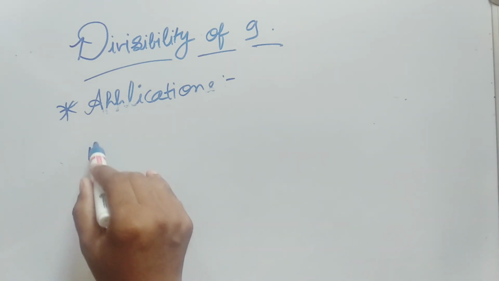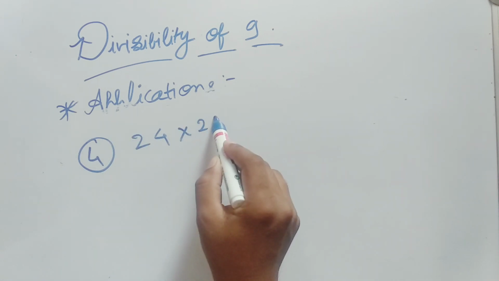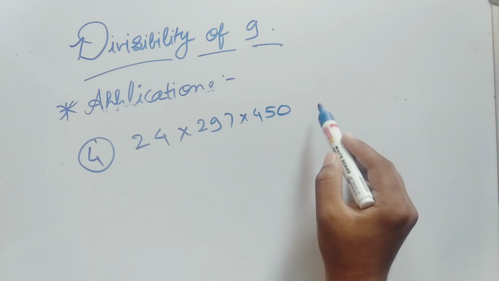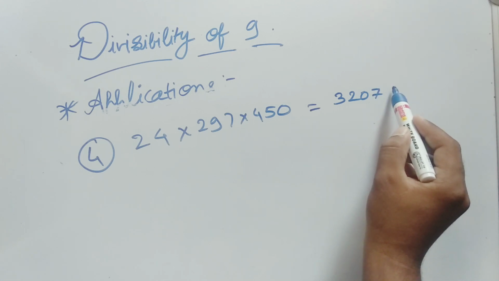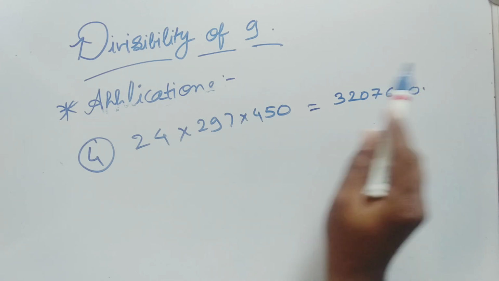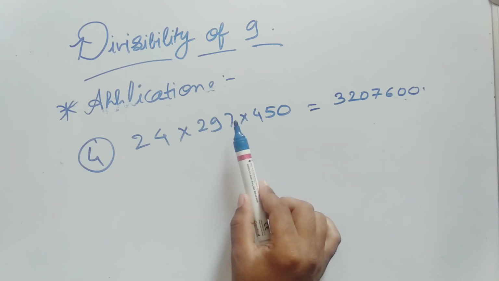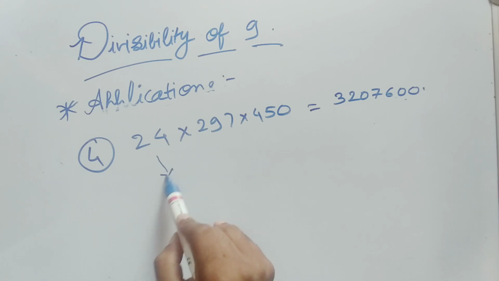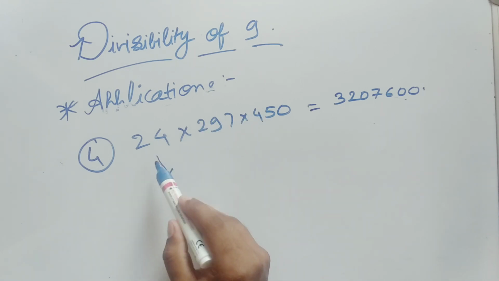Now here consider the numbers 24 into 297 into 450. Now it will give the solution as 3207600. Now again we'll try here the divisibility of 9 and try to solve this equation and this answer part. So for this, convert each number into its single digit form.